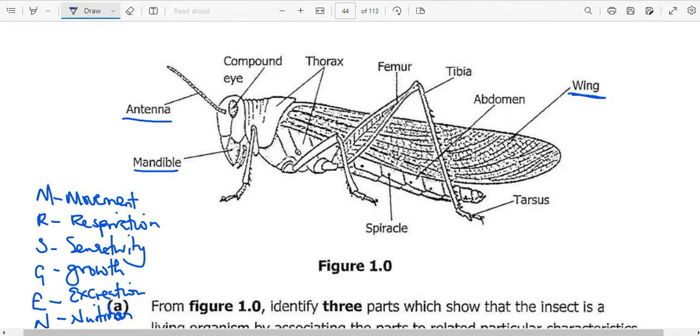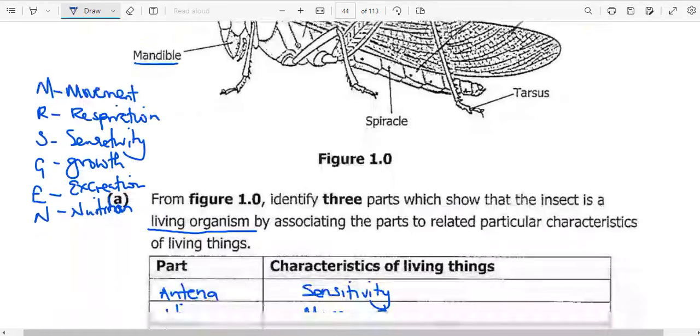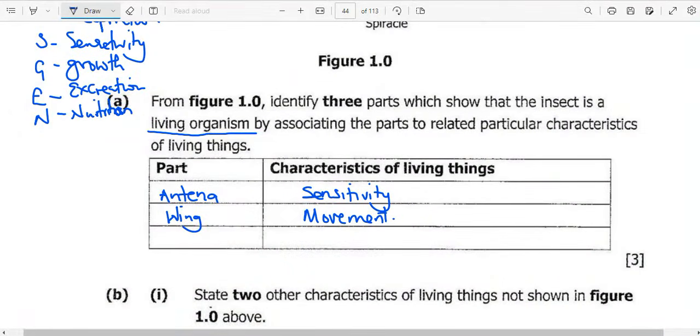It helps the insect to grab any food substance using the mandible. Meaning that if they grab, they take in. So this is for nutrition. So the mandible is for nutrition.